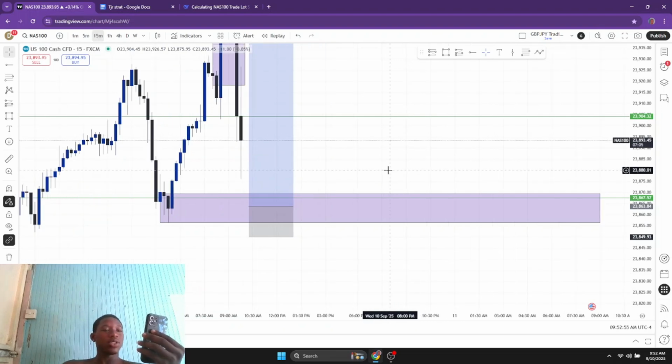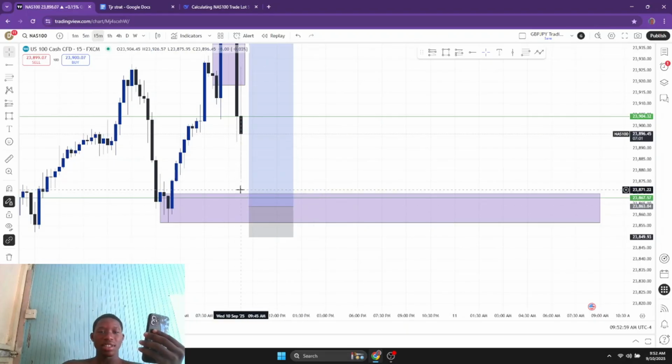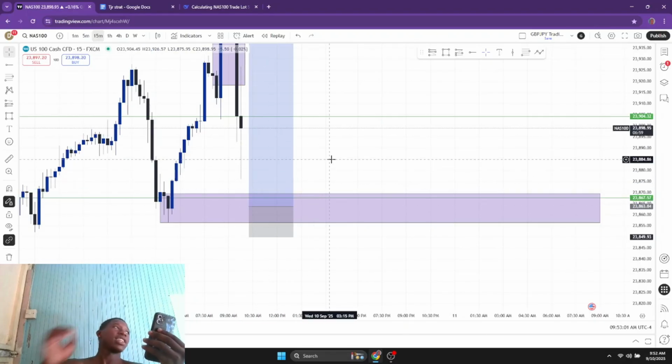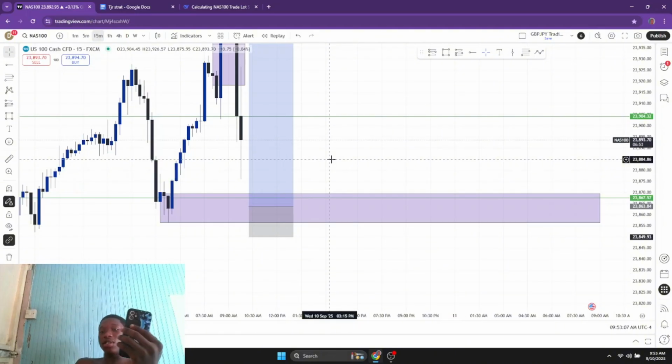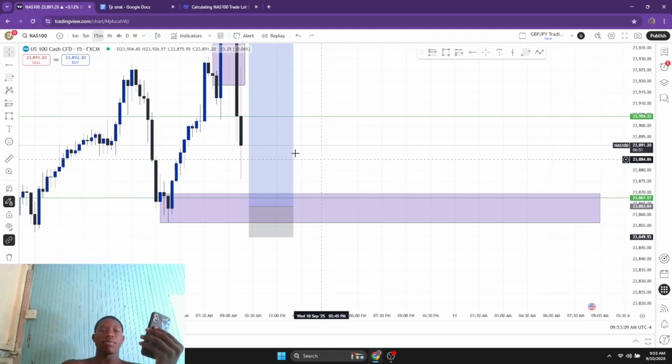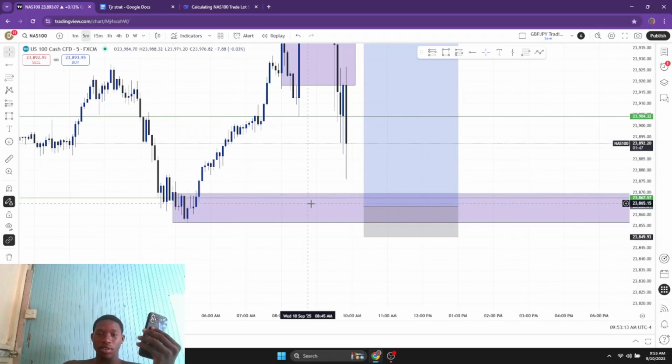Am I willing to miss that trade opportunity? If anything, I can just enter some longs off an FVG or something like that. I'm pretty sure it's gonna go down and hit that.